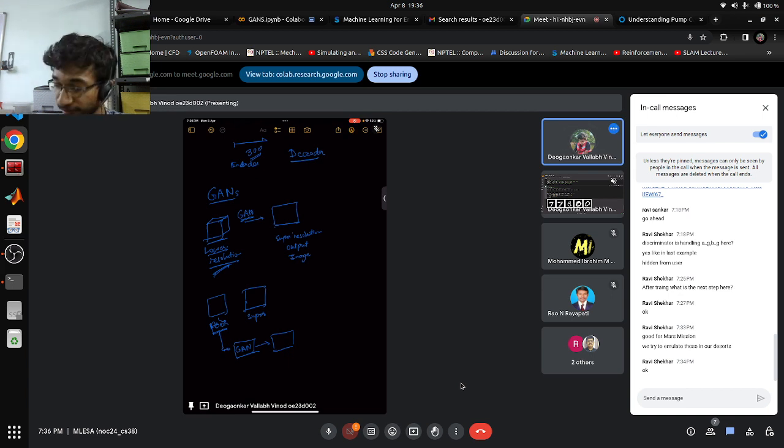You will also have a discriminator, and the details added by your GAN, the generator, and the data set of real super resolution images all go to the discriminator.